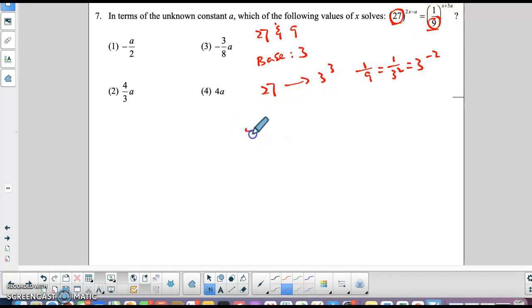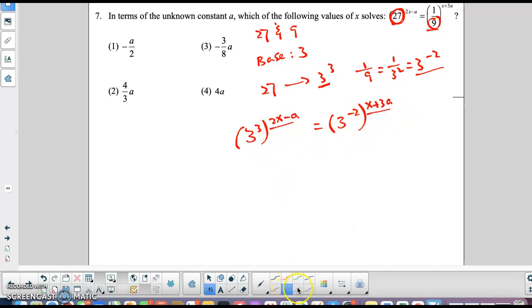We replace 27 with 3 to the third, right? Because they are equivalent. And just add the exponent back. And on the right side, 9, you're going to replace it with 3 to the negative 2 power. And once again, we just copy the original exponent back, those two.